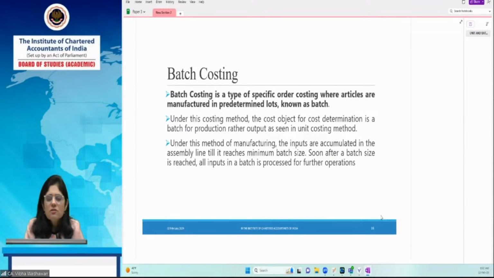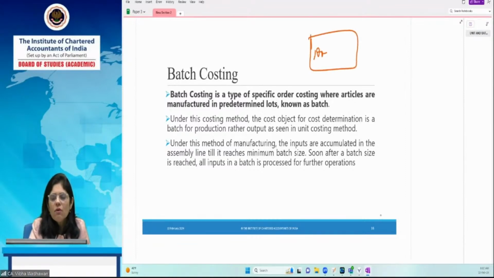So batch costing is specific order costing where articles are manufactured in predetermined lots known as batch. So predetermined, the machine setup will also be like this. That means this machine will produce 1000 units at one go, in one run, in one setup. So in batch costing, the machines also are like this. This machine has the capacity to produce 1000 units in one lot.